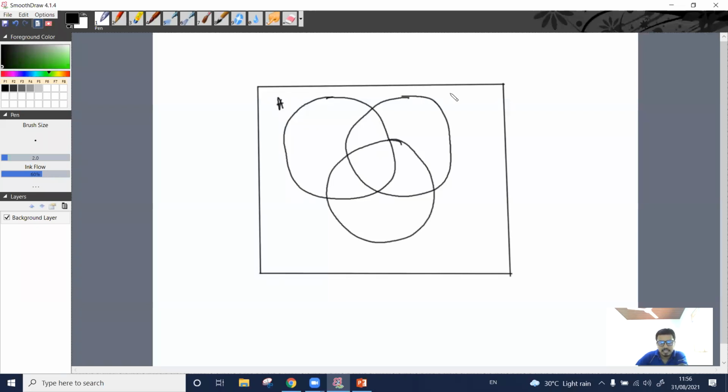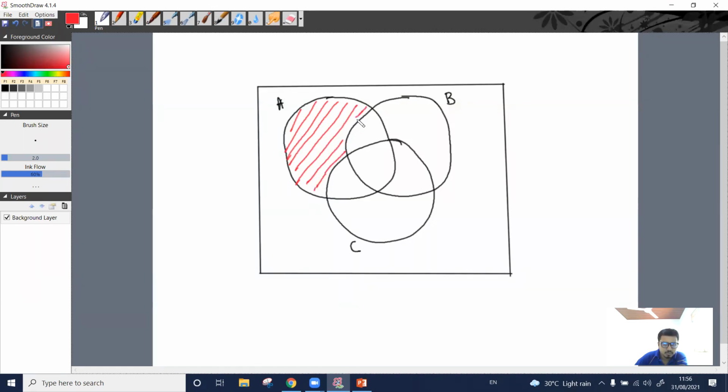This is set A, this is set B, and this is set C. Now, if I color this area, this part, what is the colored area?